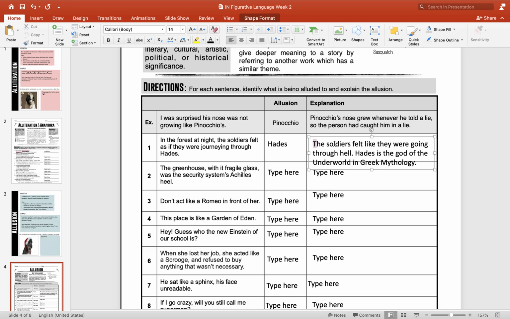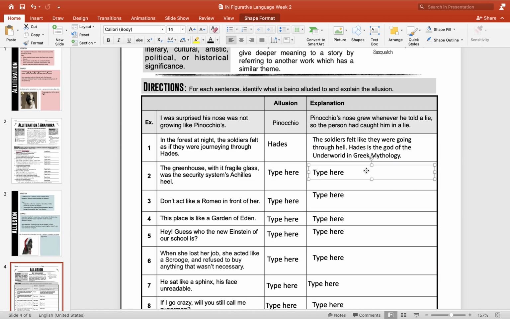All right, and then this doesn't exactly fit, so I'll just make it a little bit smaller and we'll be good to go. All right, and you can move that up a little bit too. Okay, so you kind of want to explain out what the allusion is and how you can translate the sentence once you know, okay? I see another one in the very next one that has to do with Greek mythology, which is fine.